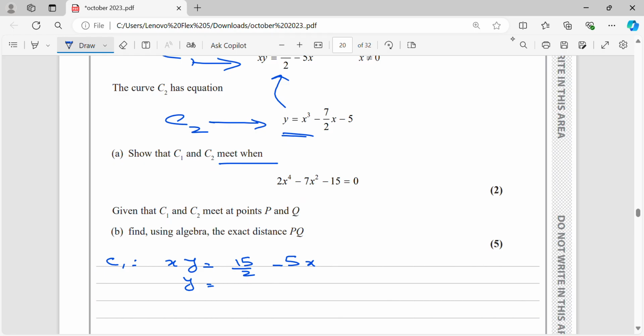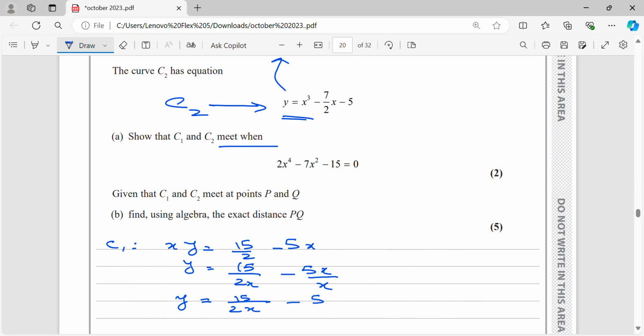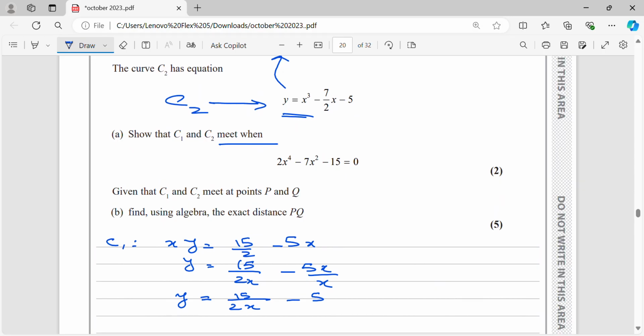So this would be 15 over 2x minus 5x over x. Simplify: 15 over 2x minus 5, x gets cancelled. Okay, so this value of y, I'm going to substitute in C2.